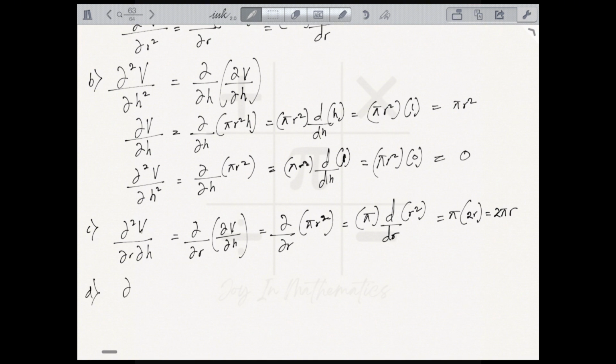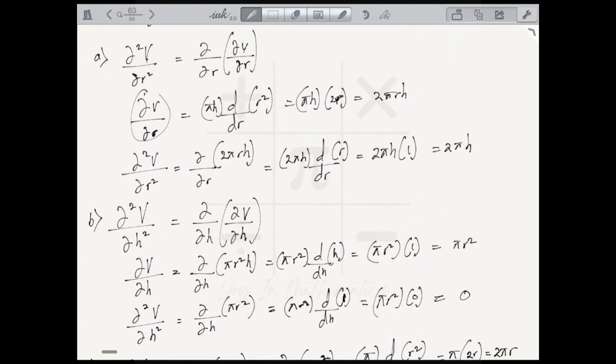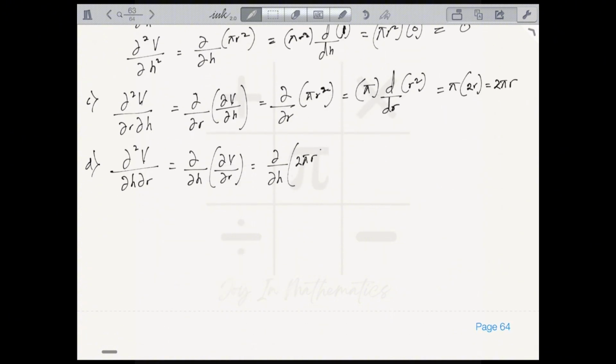The next one is the square v dh dr, which is the partial derivative with respect to h of dv dr. Making our substitutions, we have dv dr, which is 2 pi rh. Since we are differentiating partially with respect to h, all other things are kept constant.